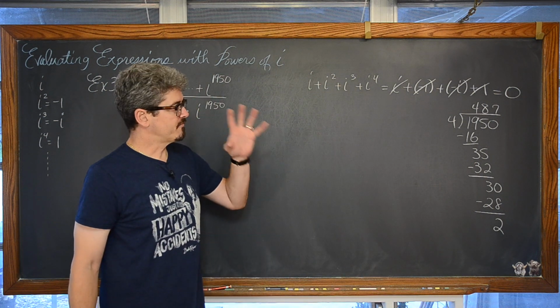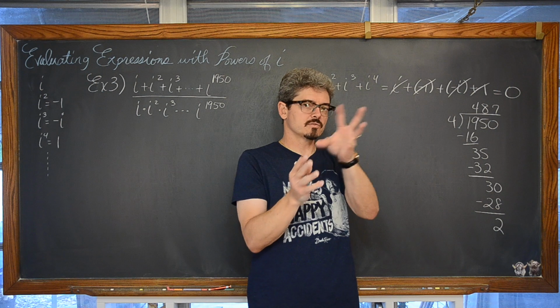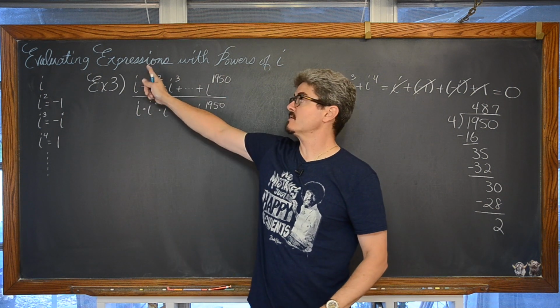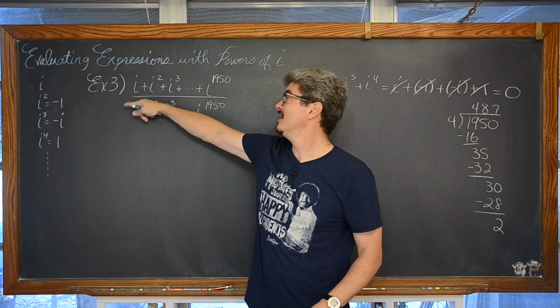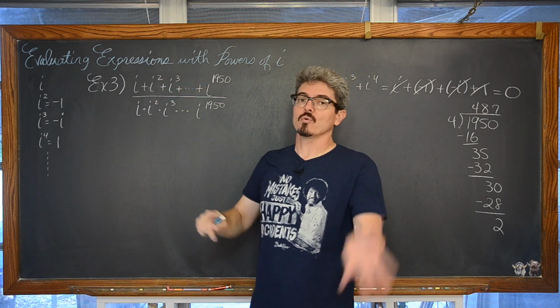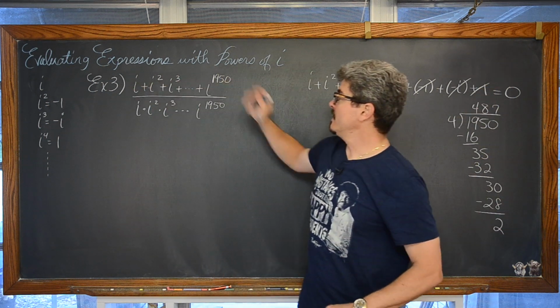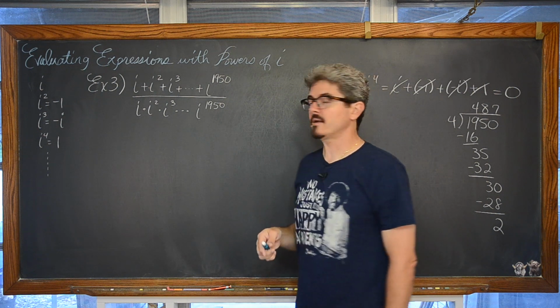So we have 487 groups of 4 terms added together, starting with i to the first power, i to the second, i to the third, i to the fourth, then start over. It's really just the last 2 terms in this series of additions that we need to add up.